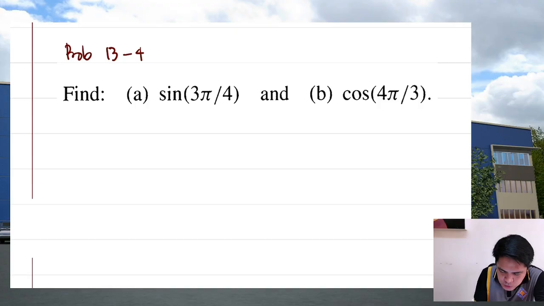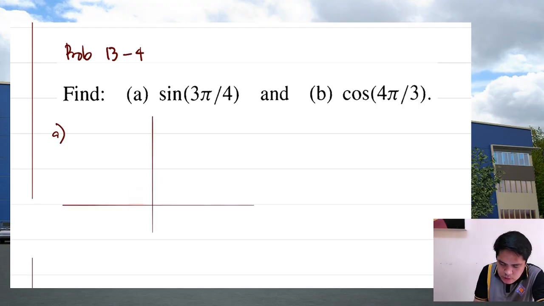First, let us plot 3 pi over 4. Let's start with letter A. Letter A, let's plot 3 pi over 4. If this is pi, it's like we're saying three parts of pi over 4.